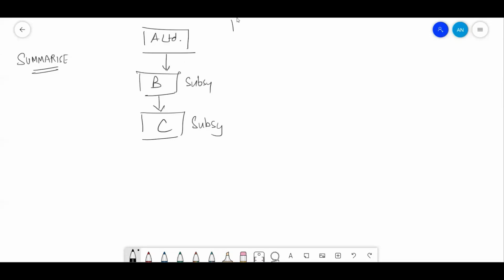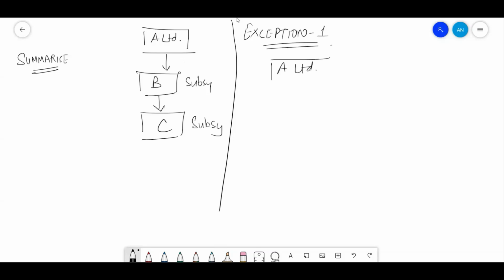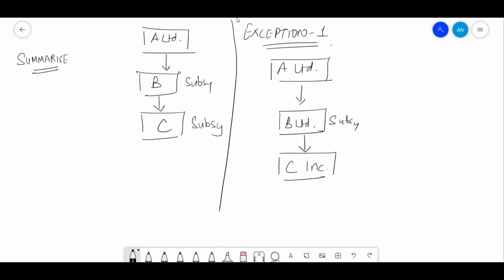Now talking about the exceptions part. Exception number 1. A Limited, which is again the holding company, is investing in B Limited, which is its subsidiary company, and B Limited is investing in C Incorporation, which is a company incorporated outside India.